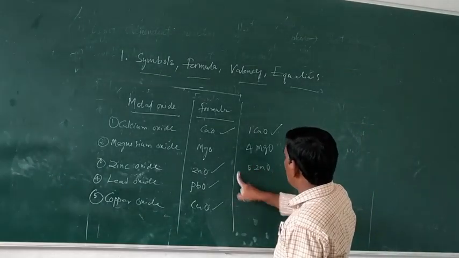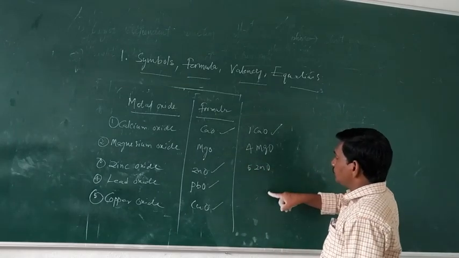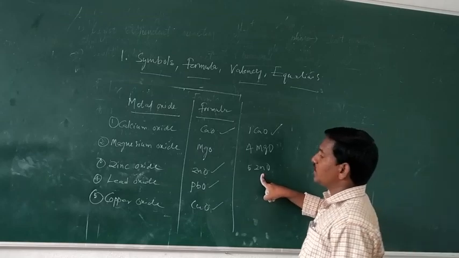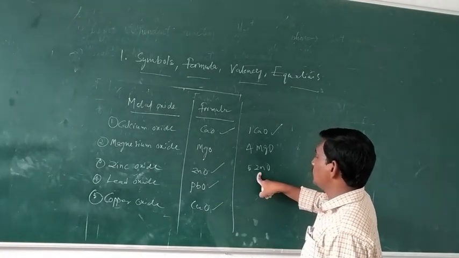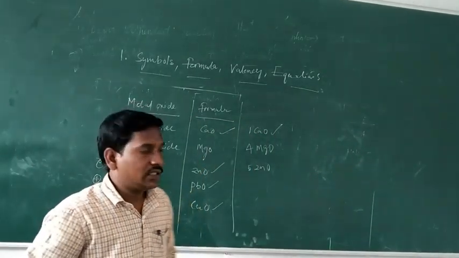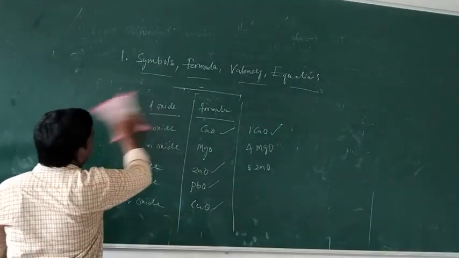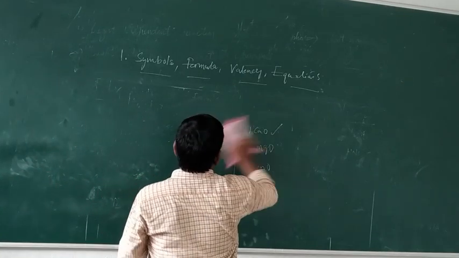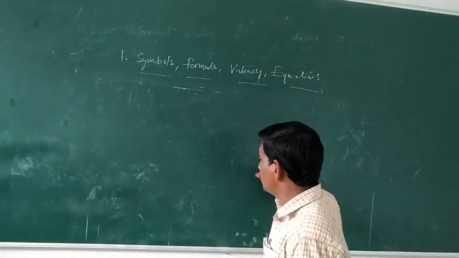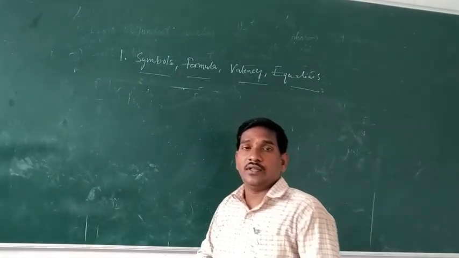So how many zinc atoms are there? Only 5 zinc atoms and 5 oxygen atoms. So this is the class of today. Next concepts follow tomorrow.